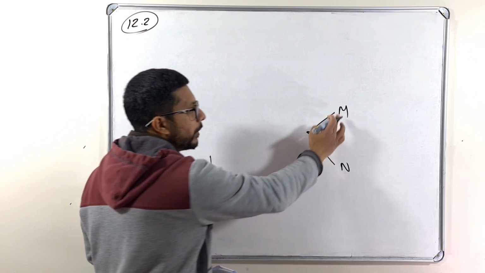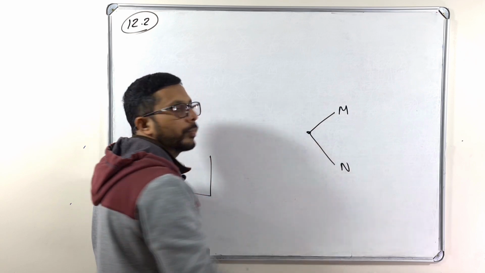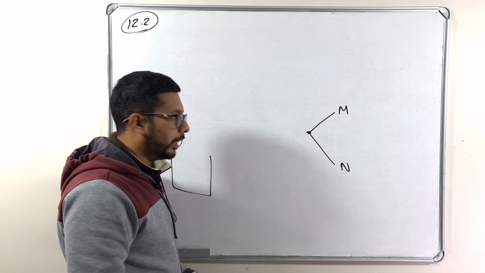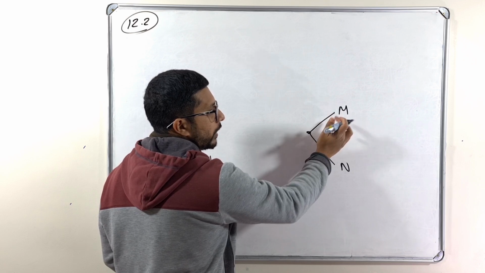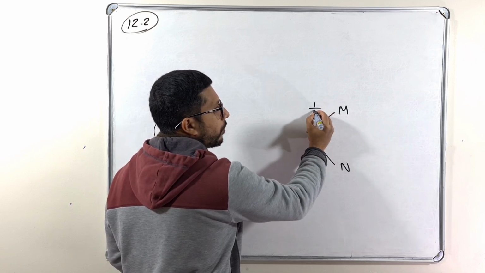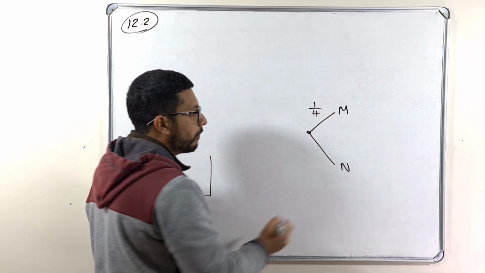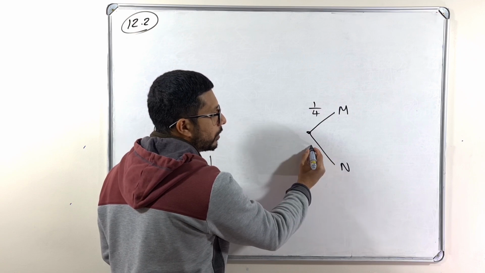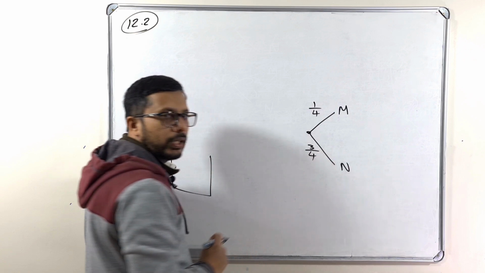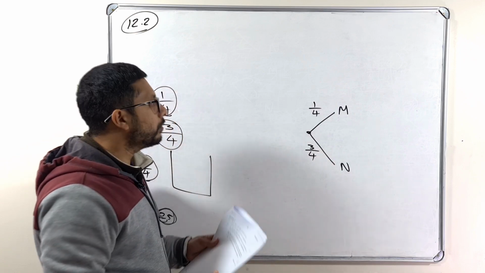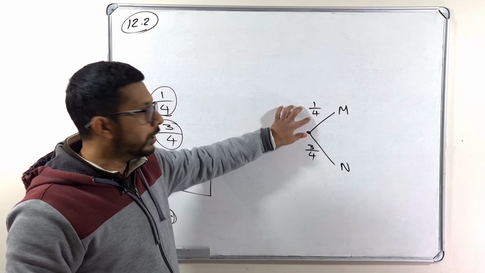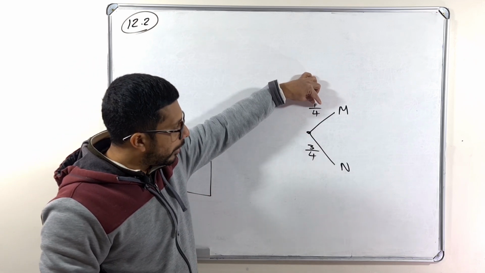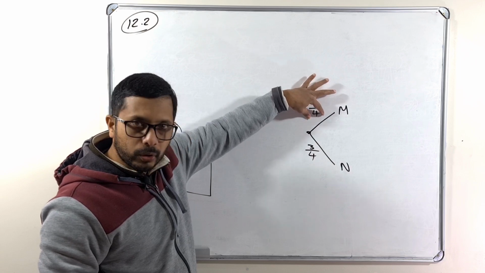Mystery bags I represent with M, normal gift I represent with N. So what is the chance of getting a mystery bag? Is it not 1 by 4? What is the chance of getting a normal gift? 3 by 4. But this is just a fraction. Here we are supposed to write the number of mystery boxes divided by the total number.